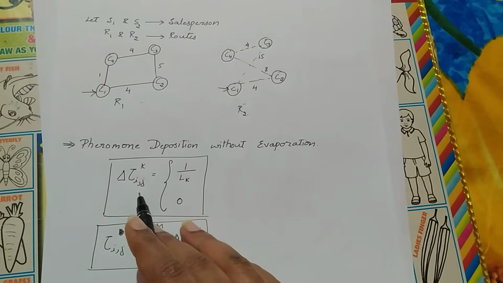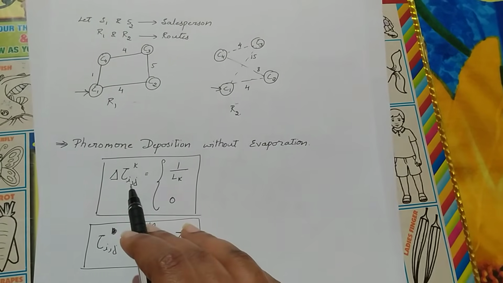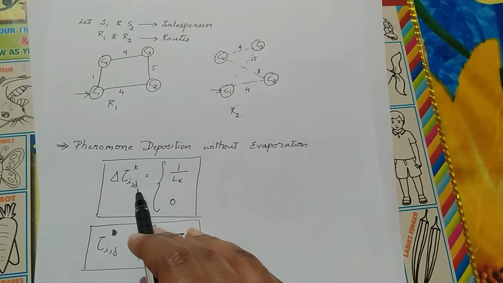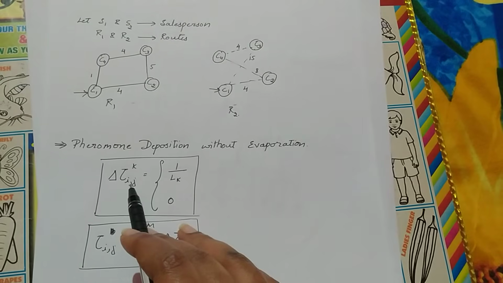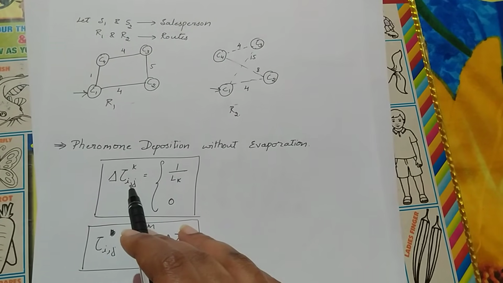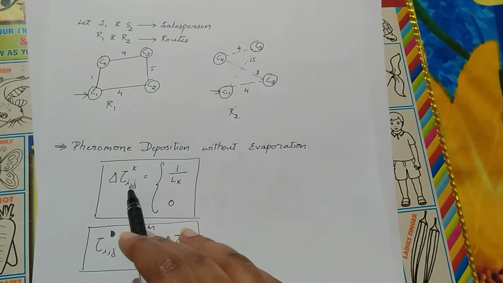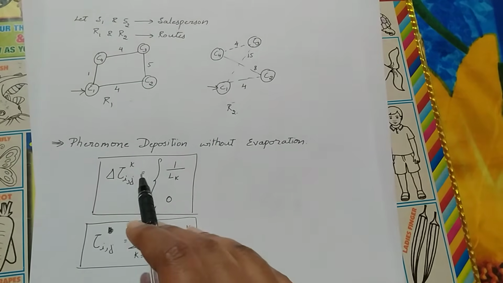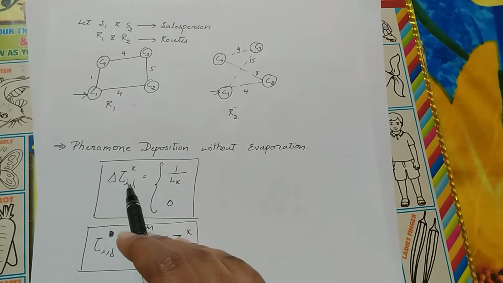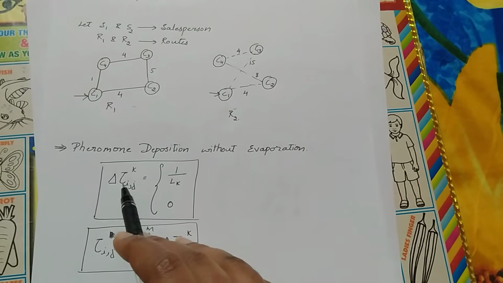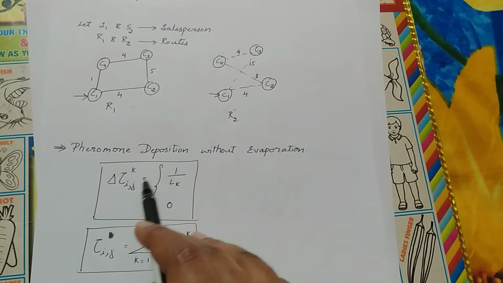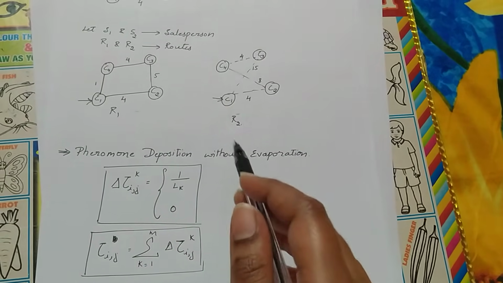Once you calculate with one particular thing, where I and J are cities, it's not only one particular salesperson who will travel, there may be another salesperson, that is another ant, that can also travel from I to J. So it will be multiple depositions by ants.